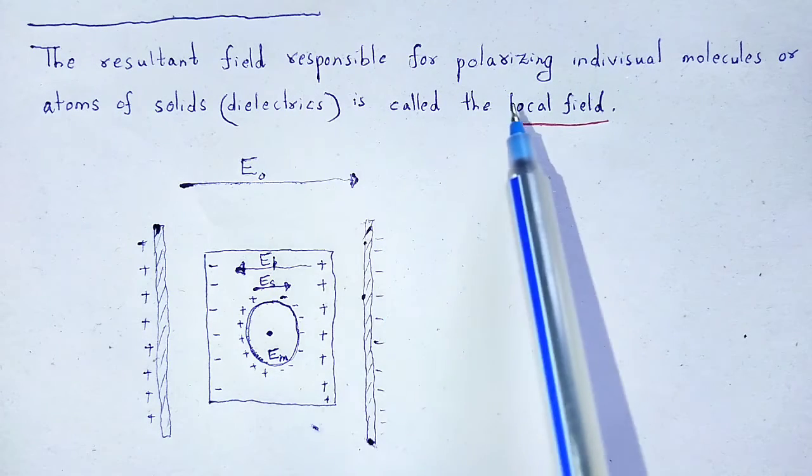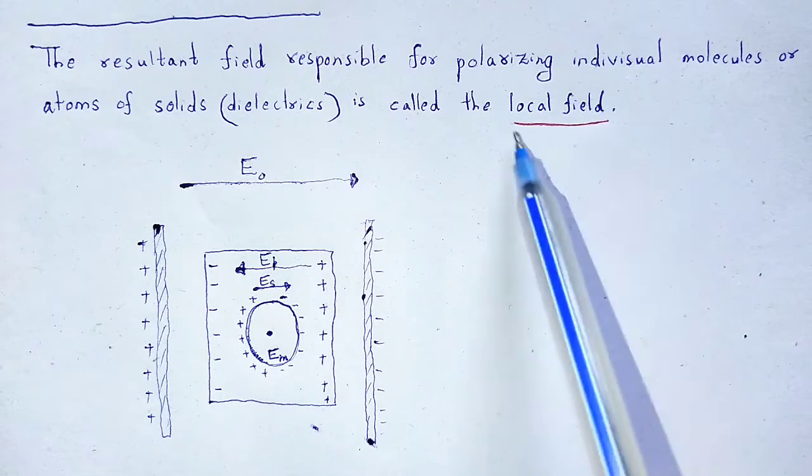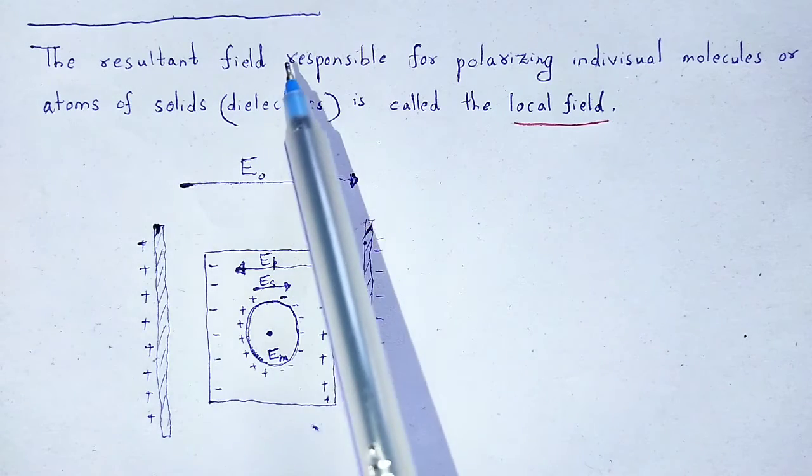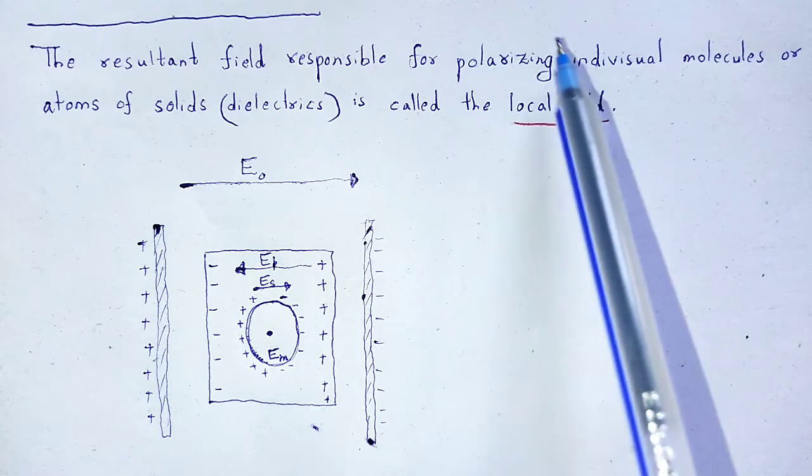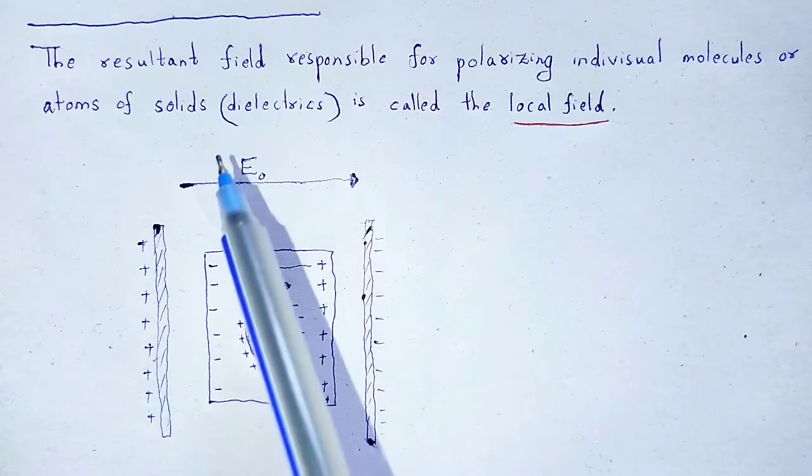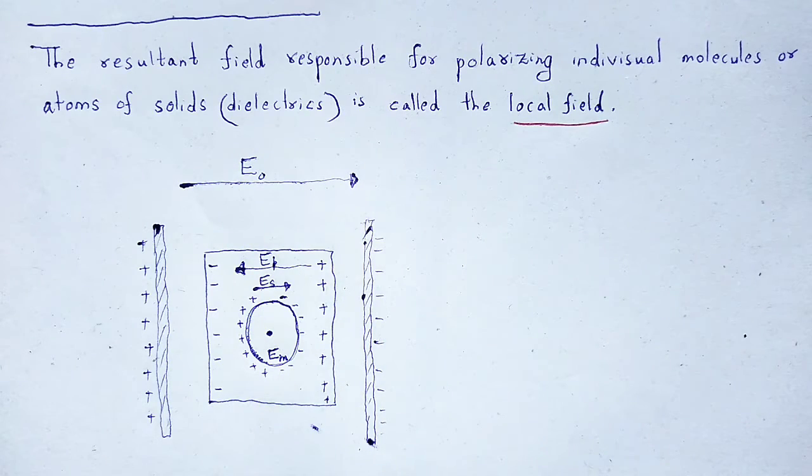Okay. So, here according to the definition of local field at an atom, that is the resultant field responsible for polarizing individual molecules or atoms of solids.